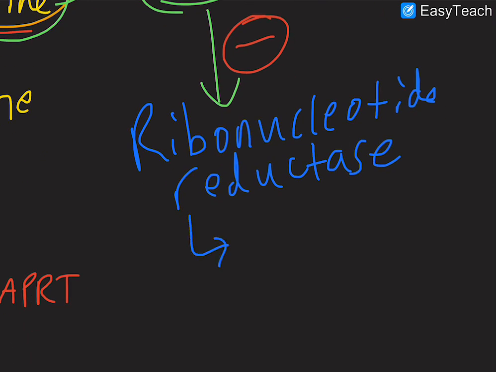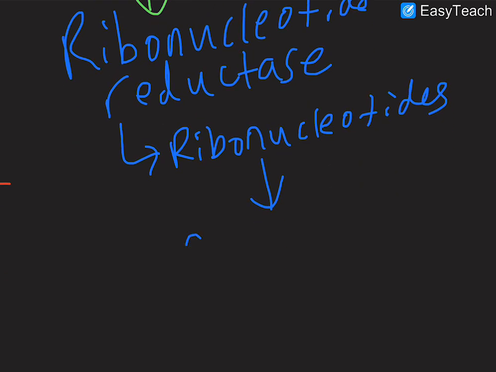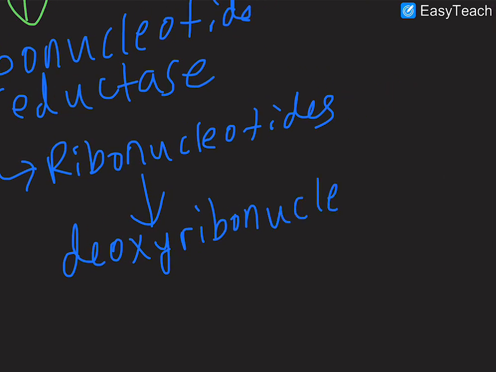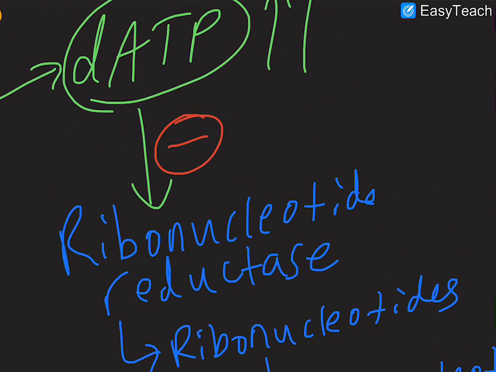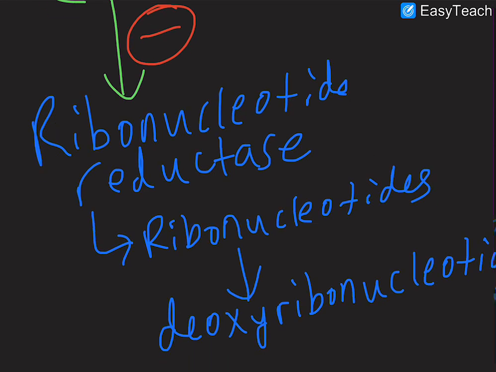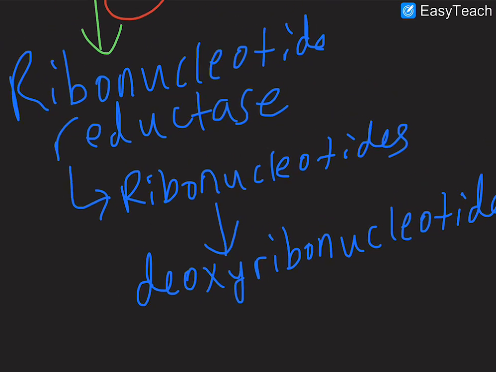So remember this enzyme, it's important for converting ribonucleotides into deoxyribonucleotides. Okay, so that's important to know. High levels of dATP will inhibit ribonucleotide reductase, which is important for converting ribonucleotides to deoxyribonucleotides.